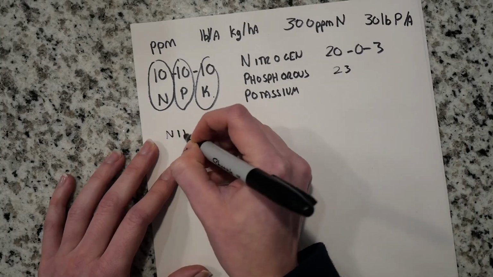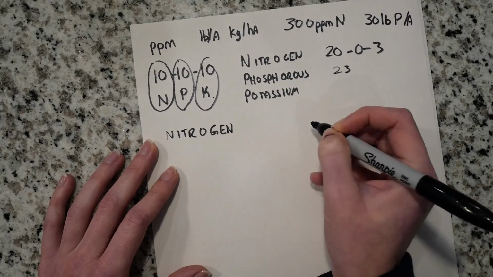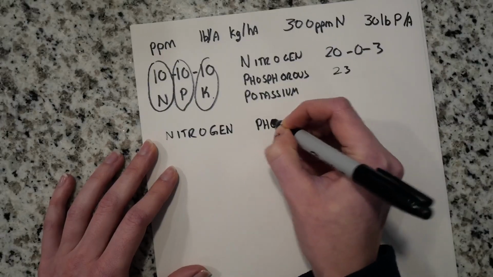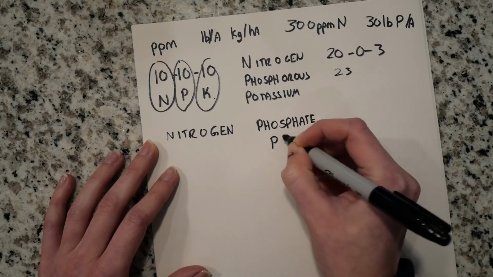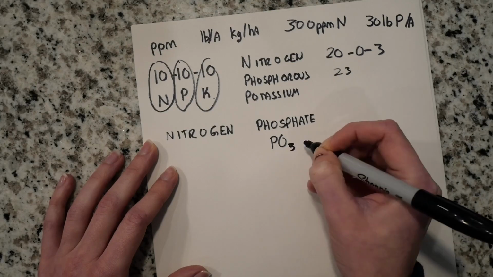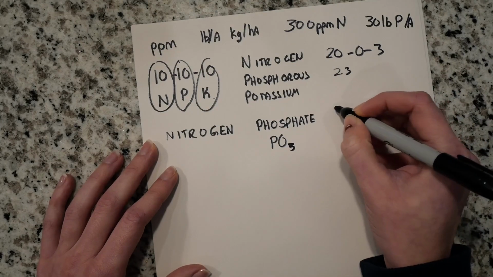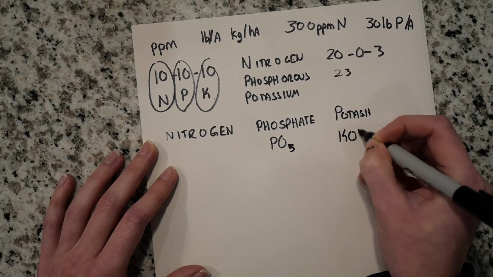It's still nitrogen, don't worry about that. But our phosphorus is actually reported in phosphate, PO4 3-, something like that. And then potash, which is K2O.